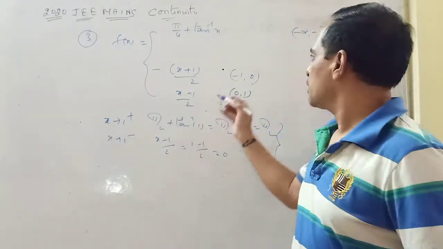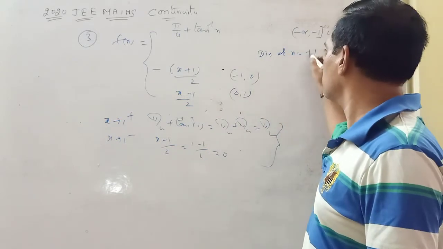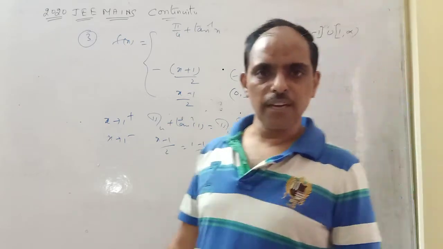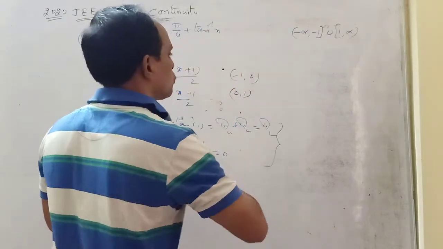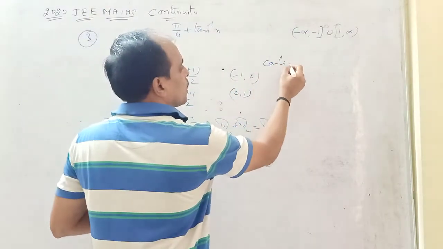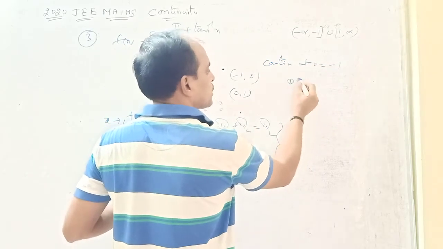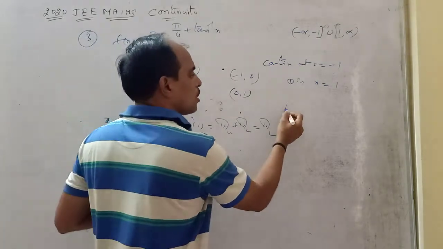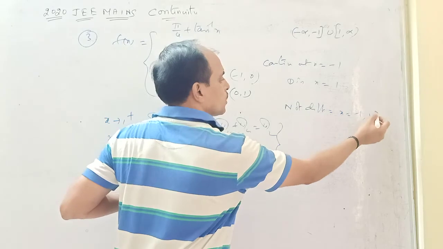So discontinuous at x is equal to 1 and continuous at x is equal to minus 1. Sorry. So we can conclude that it is continuous at x is equal to minus 1 and discontinuous at x is equal to 1, but not differentiable at these 2 points, at x is equal to minus 1 and 1.